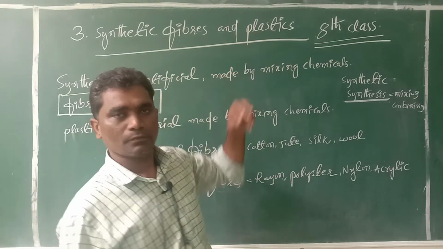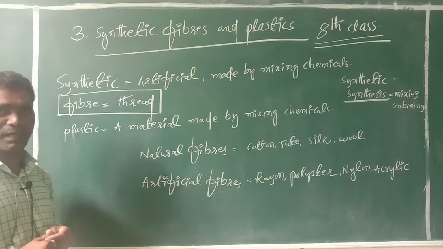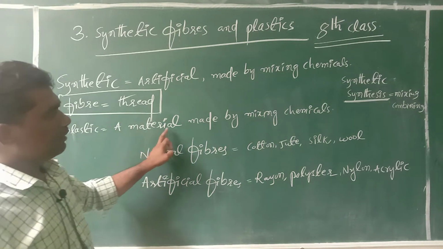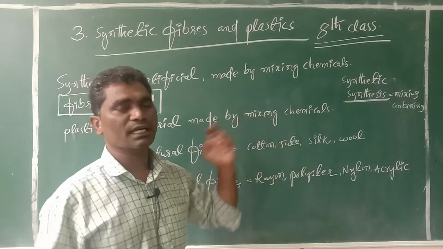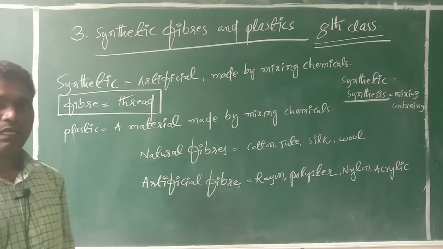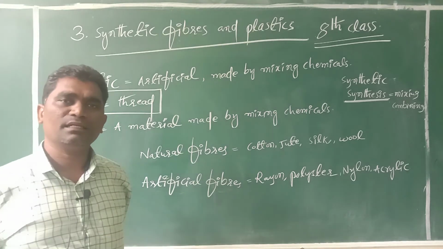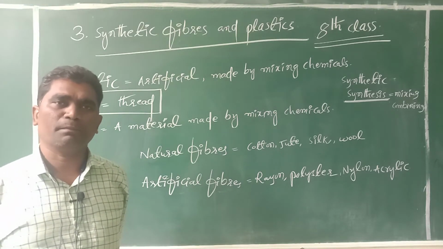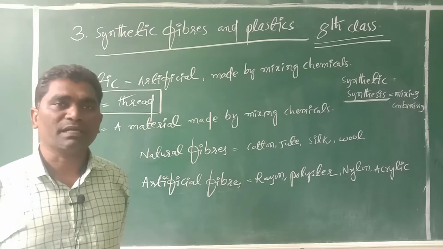Plastic. What is the meaning of plastic? You see students, plastic is nothing but a material made by mixing chemicals. Plastic is a material. How is that material obtained? That plastic material is obtained by mixing chemicals.